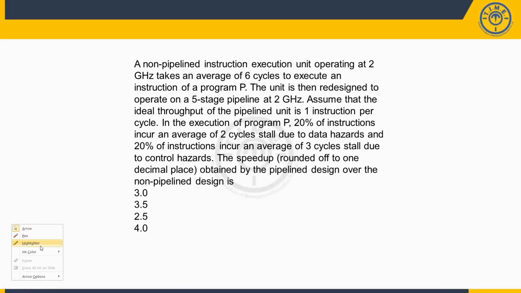Okay, CPI, clock cycles per instruction, is equal to 1 plus 0.2 of instructions require how many additional clock cycles? 2. 2 plus again 0.2 into 3.